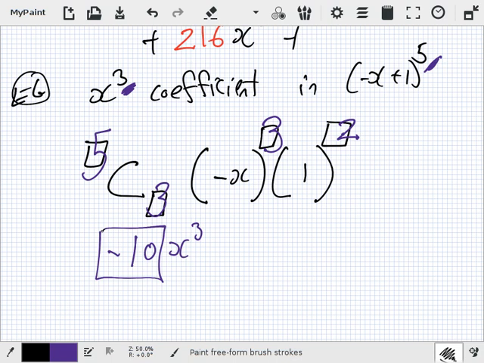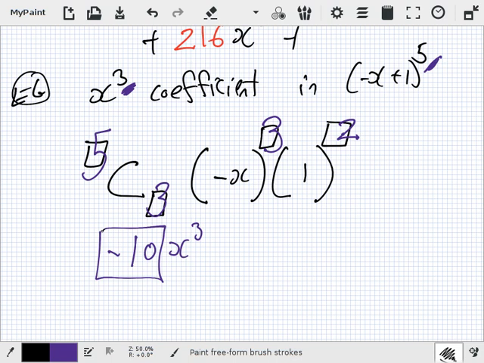Which part? The 5C3. Why the 3? You can use any power. Would you prefer 2? 5C3 and 5C2 are the same. You can use 3 or 2.